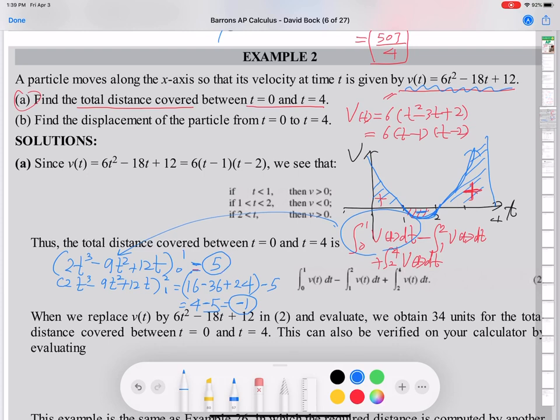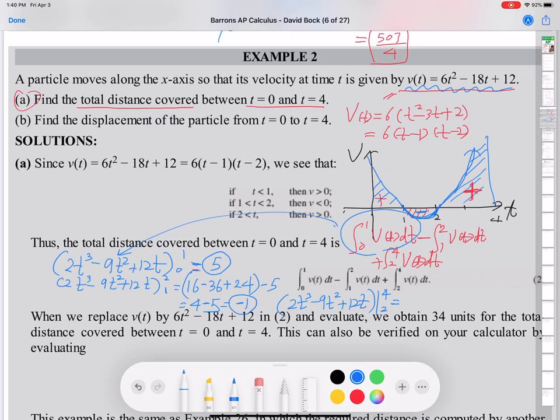Then the third part, from 2 to 4, so you can use the same function, 2t cubed minus 9t squared plus 12t, from 2 to 4. It's a very big number.